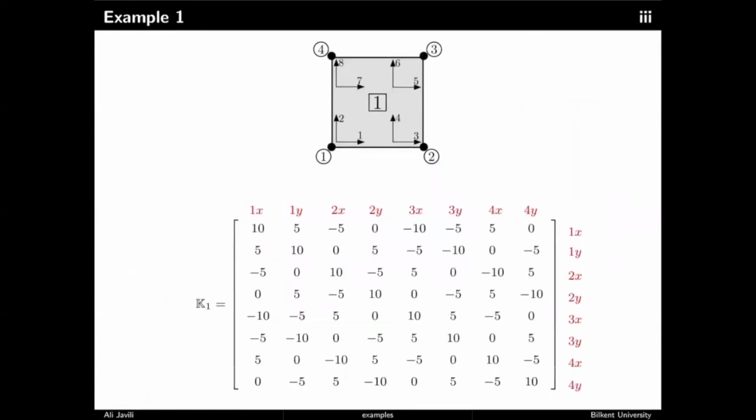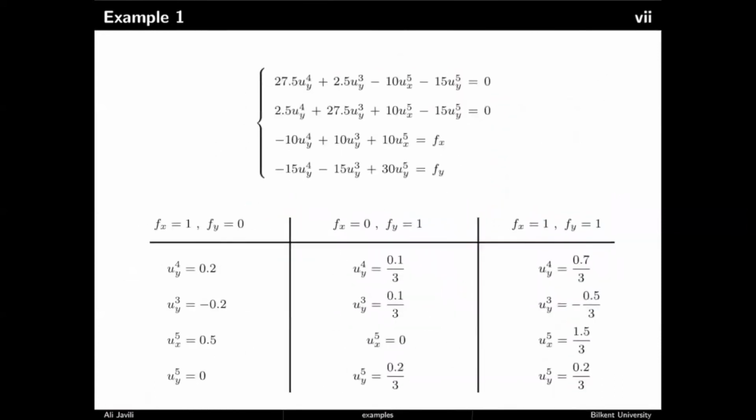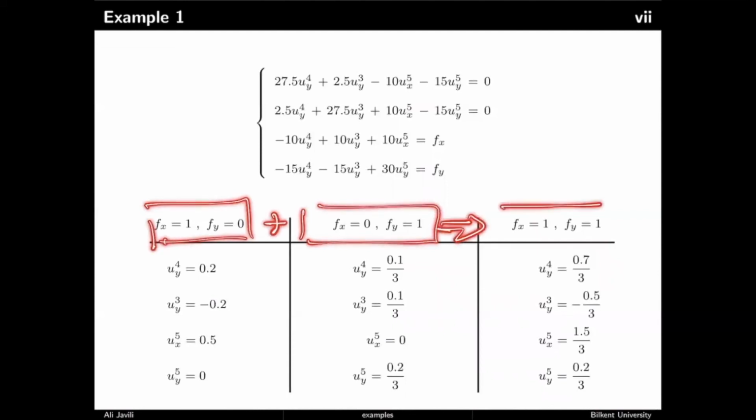Eventually, if you have fx equals 1 and fy equals 1, you can clearly see that the solution to this case is the summation of the two. Remember, we have a linear system, right? So if you apply these two forces separately, it gives you the same thing as applying them both together.